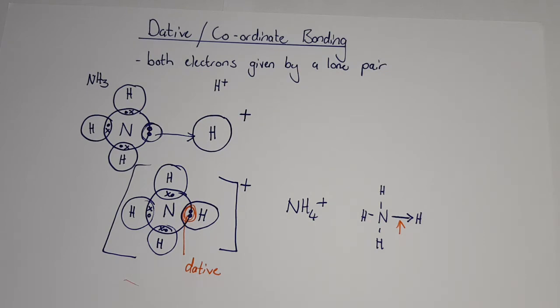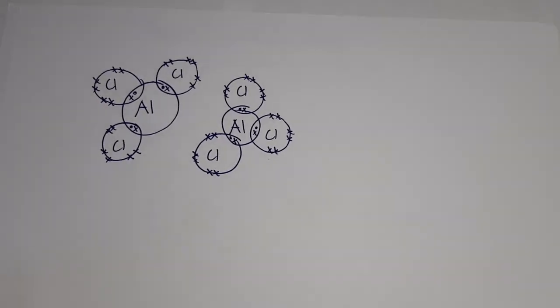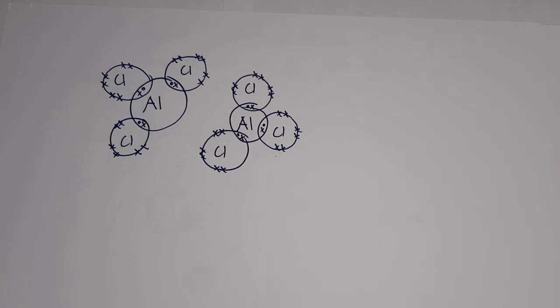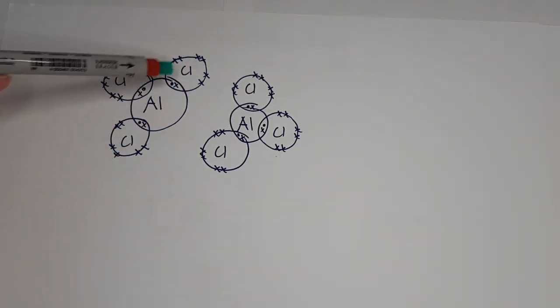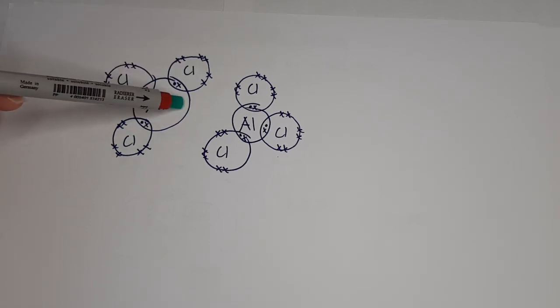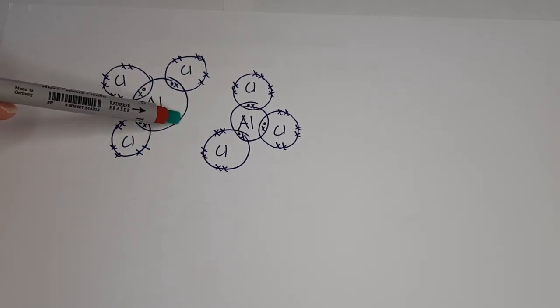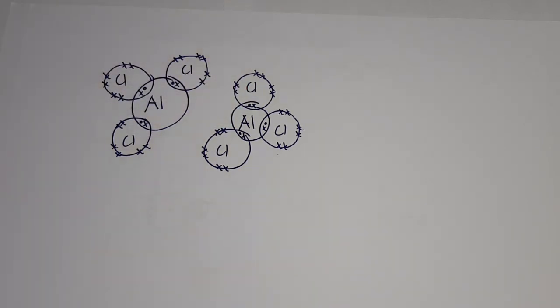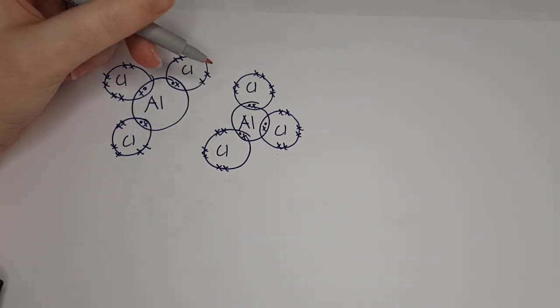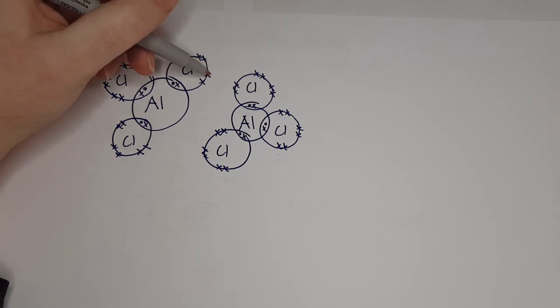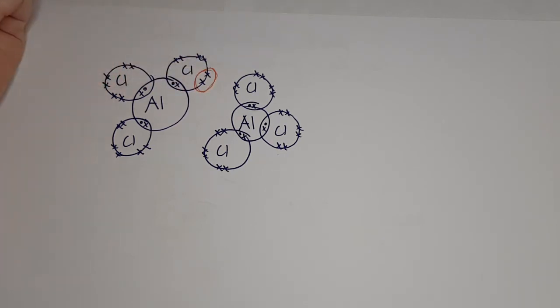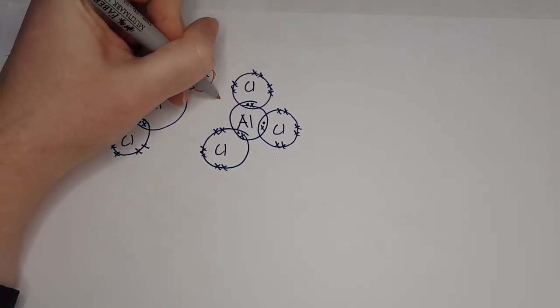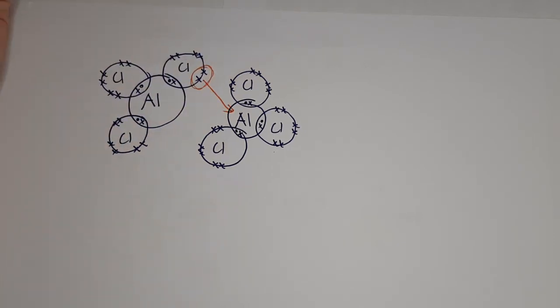And you can sometimes have more than one dative bond in a molecule. So for example, my aluminium chloride with those 3 around there, aluminium is missing a pair over there. That aluminium is also missing a pair. So what can happen is the chlorine of one with lone pairs around it can give a pair to the aluminium that's missing.